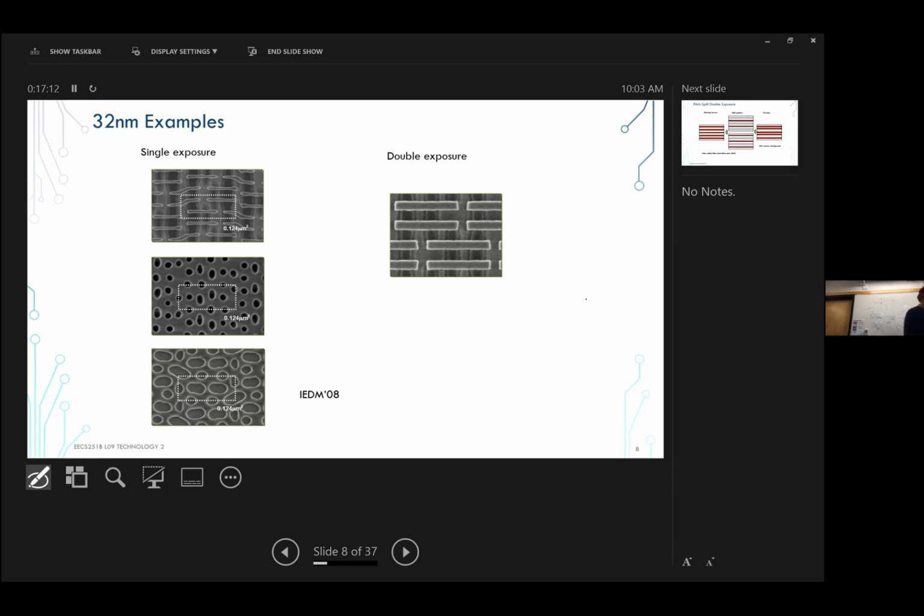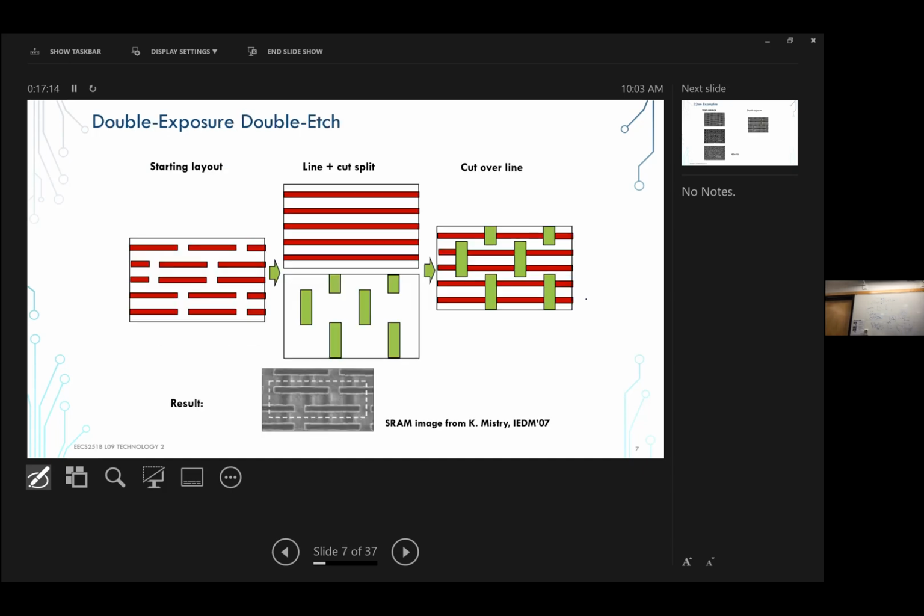So how do they do that? They take the one polysilicon mask, for all over the chip, and split it into two masks. One consists of exact straight lines, and the other one of cuts. Remember, lithography people love printing straight lines. They're really good at that, and they can pack them really nicely.